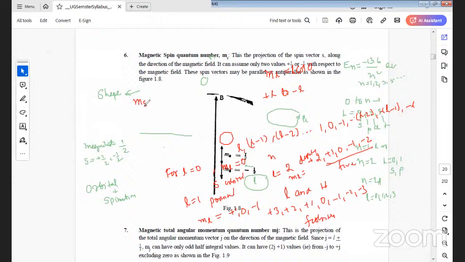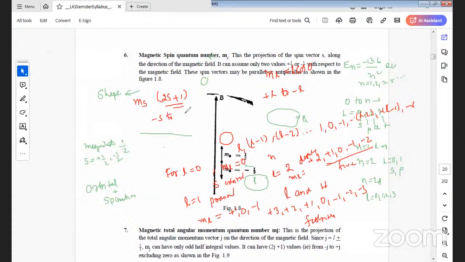So here we can write ms. This ms can take 2s plus 1 values, and the values go from minus s to plus s.